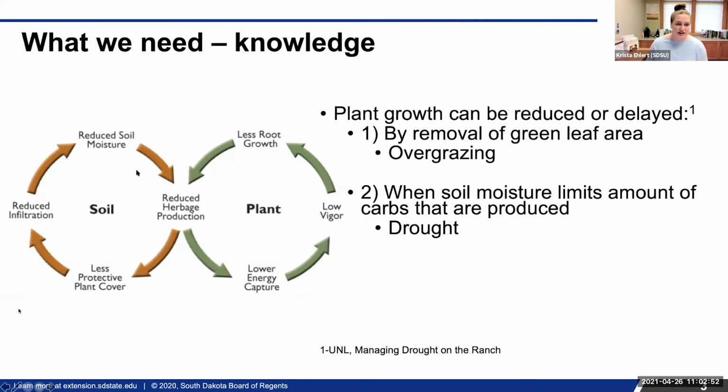As you can see in this diagram here, it's really a cycle that is self-fulfilling. So we have reduced soil moisture, we're going to see reduced herbage production, lower energy capture, again, because we have less photosynthesis occurring.